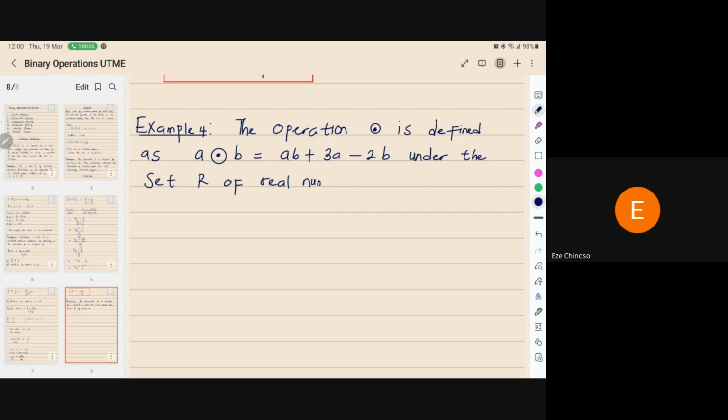Under the set R of real numbers. All right. They say we should find the values.